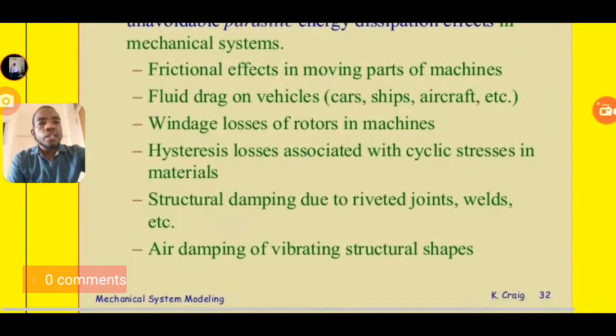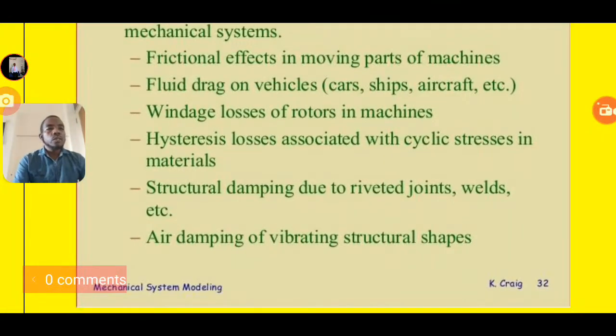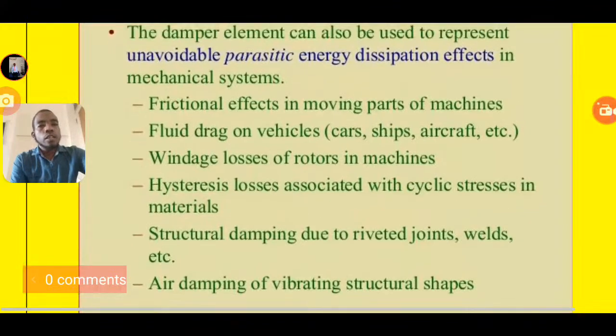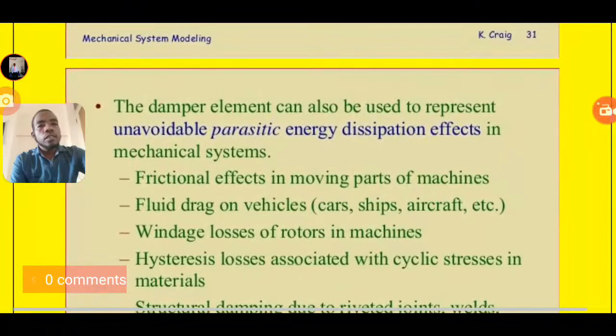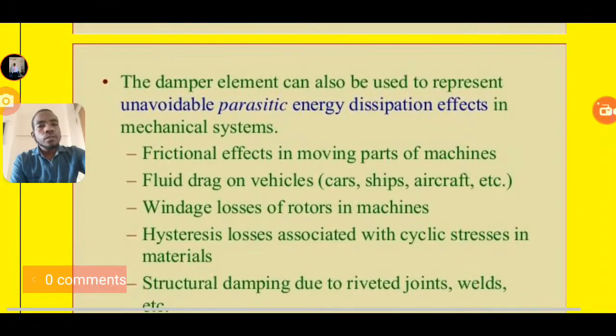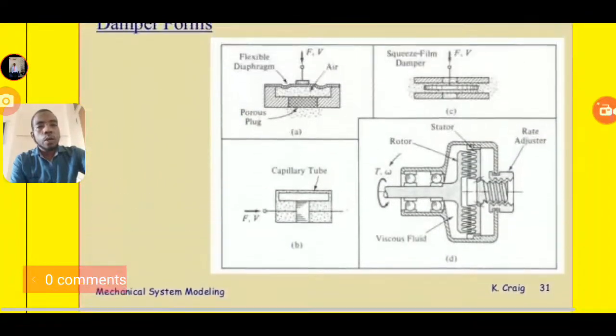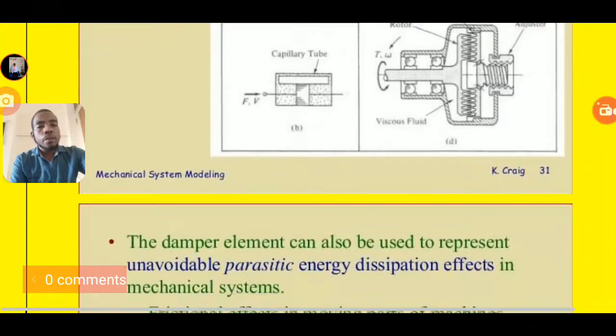So the frictional effects in moving parts of machines, and fluid drag on vessels, for example cars, ships, aircraft, etc. These are the examples for vehicles. So in cars, ships and aircraft, the fluid drag, they are using the damper element forms.